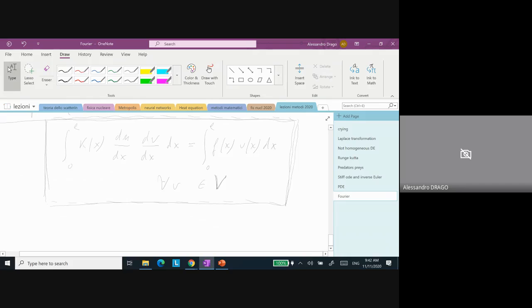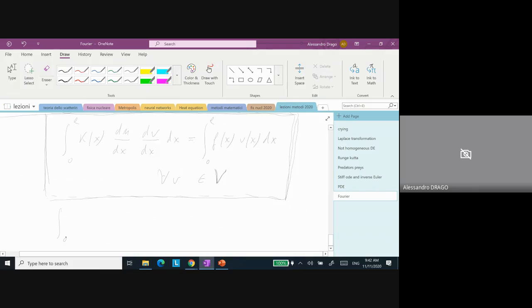So the problem here is that this space is too big, it's too large. So we want to restrict ourselves to a subspace. The first point is, let us introduce a little notation. This quantity here, this integral between 0 and L of k of x, du over dx, dv over dx, integrated dx, let me call this a of u and v.